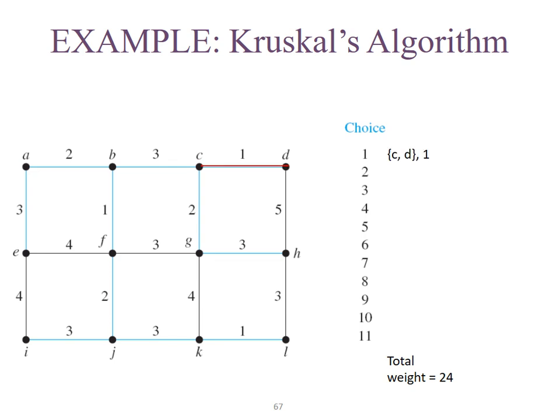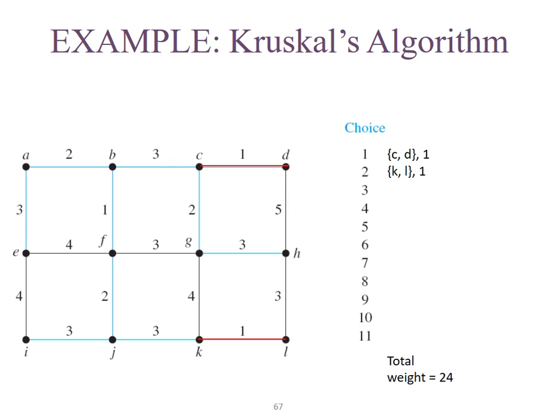Firstly we choose CD into the spanning tree with the weight 1, and then we can choose the next edge, KL, because it's also 1. So you can see once you choose CD and KL, it's not connected. Right? Because in Kruskal's algorithm, we just need to make sure we don't form a cycle in the current spanning tree.